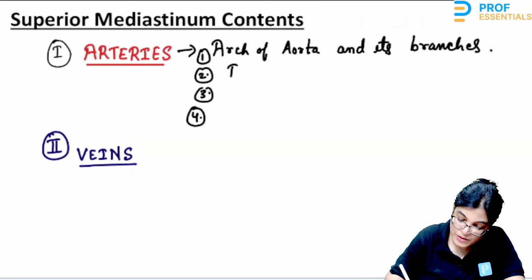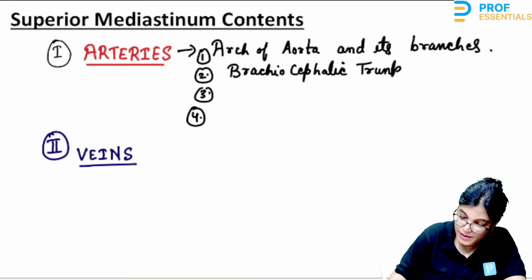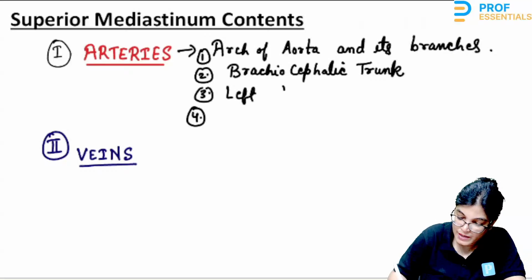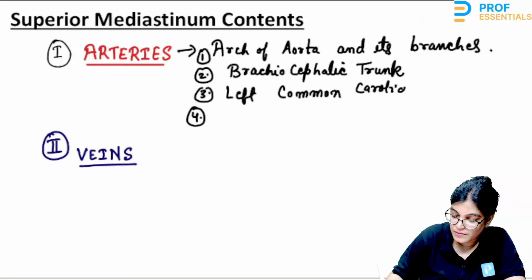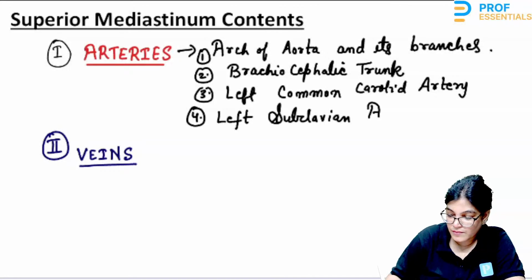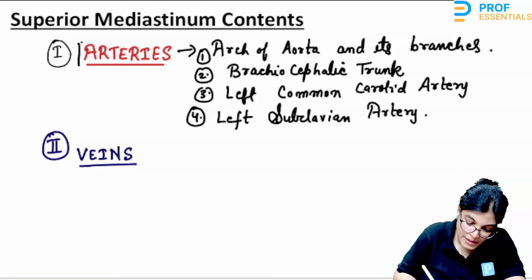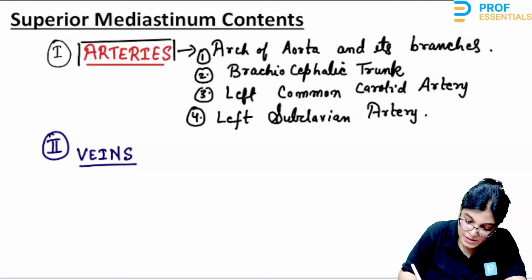That is the brachiocephalic trunk, then we have the left common carotid artery, and we will have the left subclavian artery. These are the important contents of arteries which are residing here.